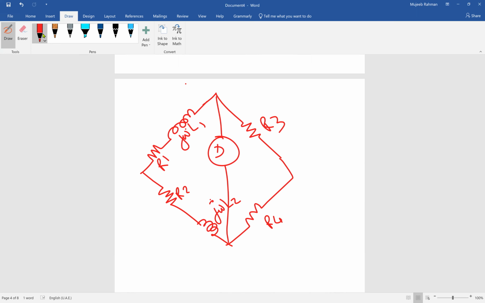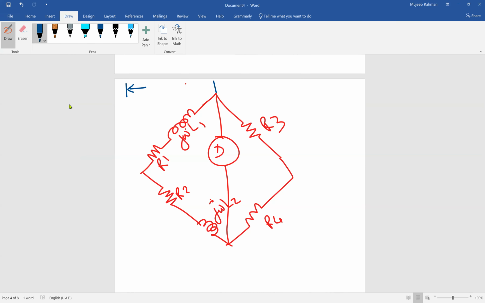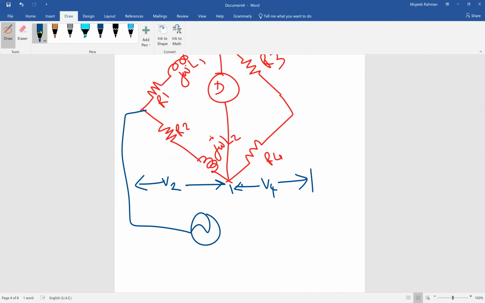All right, so let us try to mark out the voltage across each branch. Assume that this is V1 across R1. This is supposed to be V3. And here we have V2, and we have R4, sorry, V4. Also we'll consider some reference current for each branch.